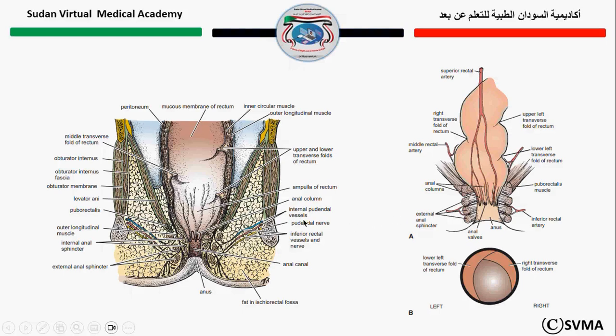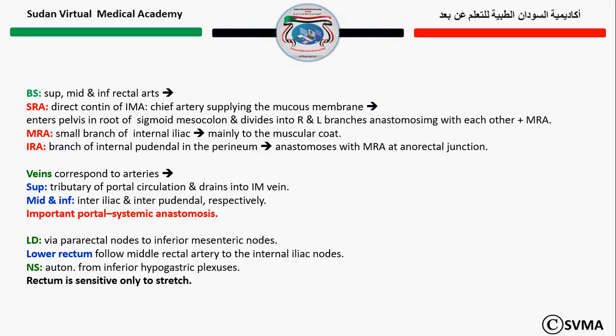I want somebody to tell me about how the peritoneum covers the rectum. The upper third is covered anteriorly and laterally. The middle third is only covered anteriorly. The lower third is devoid of peritoneum. Can anybody answer? Shahad, tell me about the peritoneal cover of the rectum.